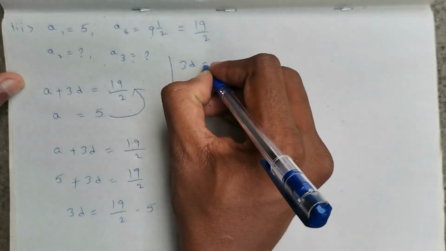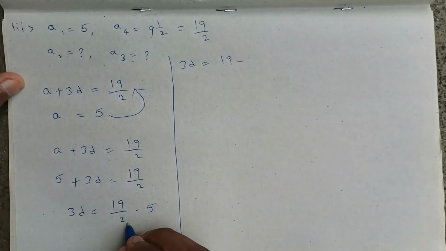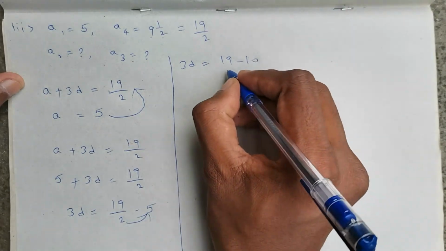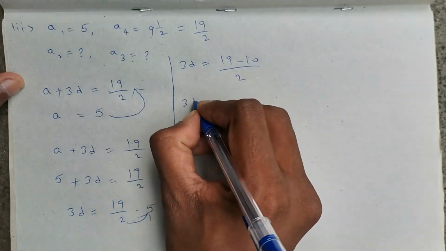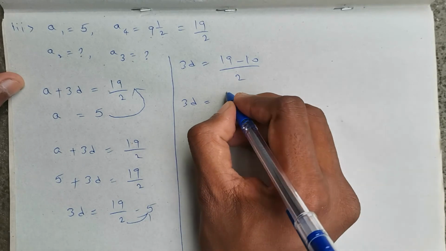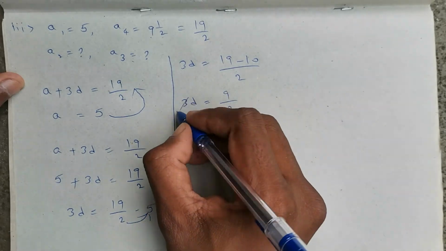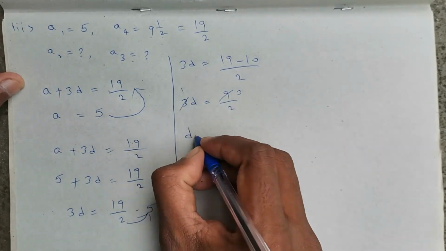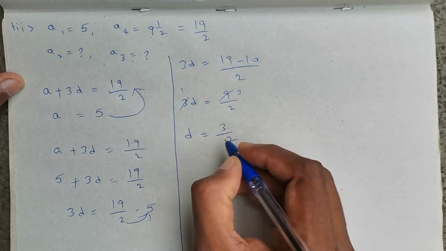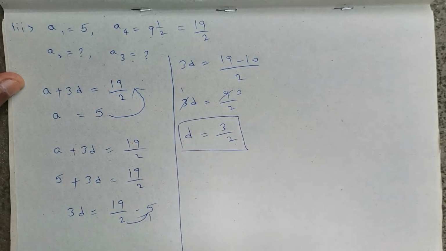So we get 3D is equal to 19 minus 2 fives are 10, divided by 2. So 3D is equal to 19 minus 10, 9 divided by 2. 3 ones are 3, 3 threes are 9. So D is equal to 3 divided by 2.